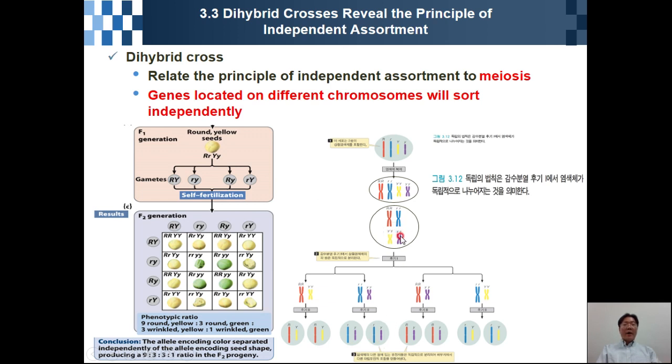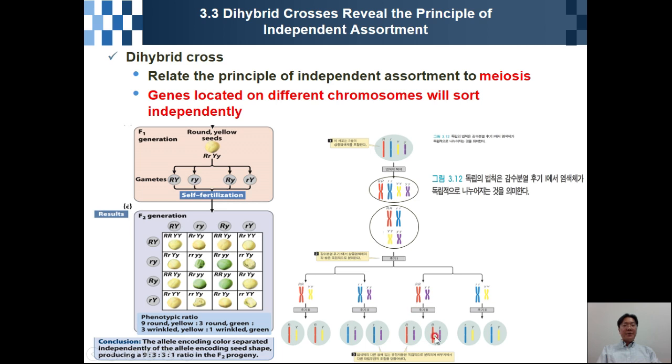How about when they are doing metaphase 1 and they align together, and the small r and small y can go to this location instead? In this case, at anaphase 1, one daughter cell will have large R and large Y, one daughter cell will have small r and small y, and the other daughter cells will have the other combinations.